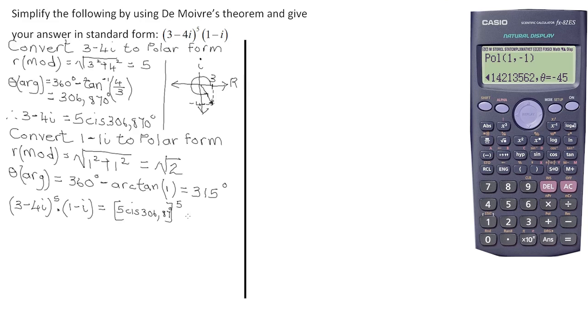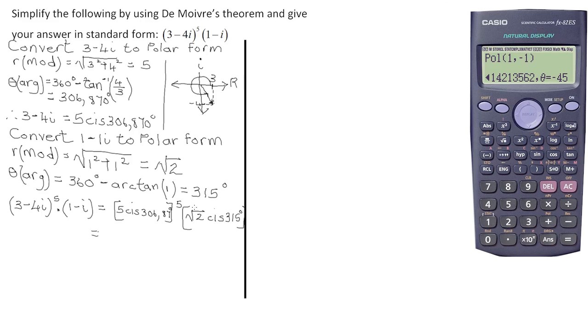Then the polar form here, the square root of 2 cos 315. I think you've seen there I've left out a step, but it's modulus cos argument, which will give you, now this is the power rule of De Moivre's.